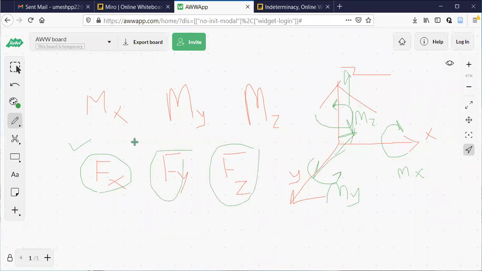So you have Mx equal to 0, My equal to 0, Mz equal to 0, as well as Fx, Fy and Fz equal to 0. Okay, so we have 6 conditions of equilibrium.